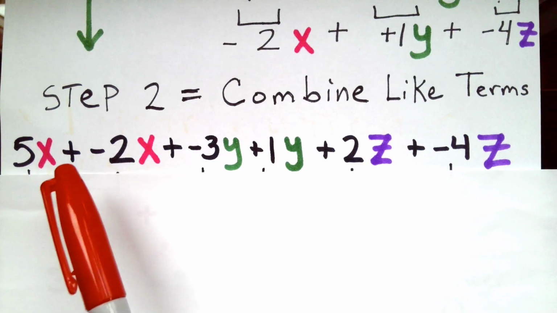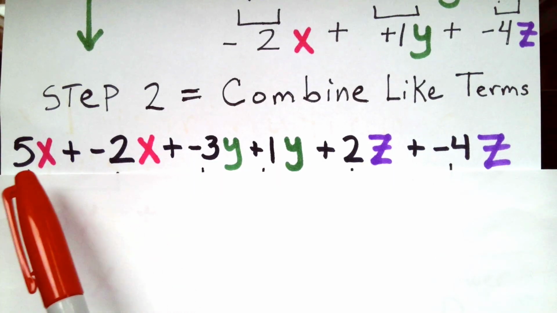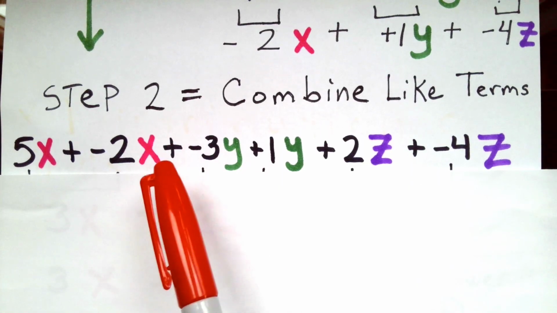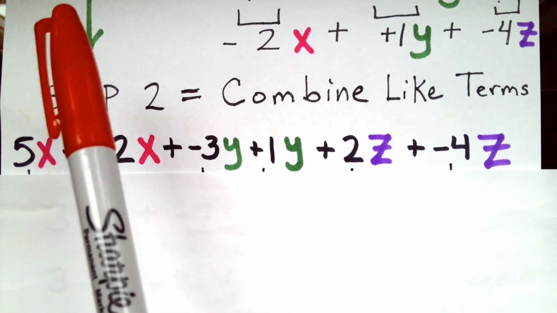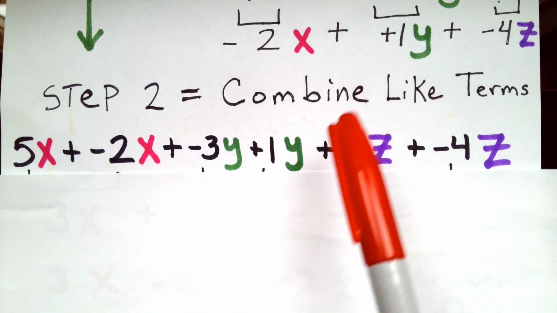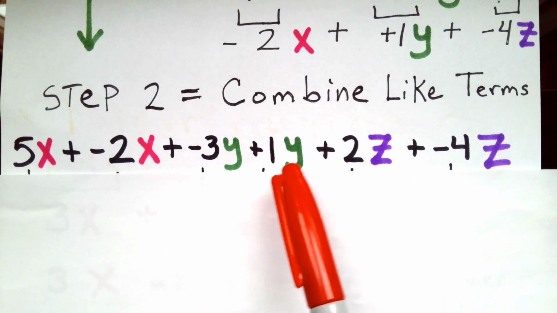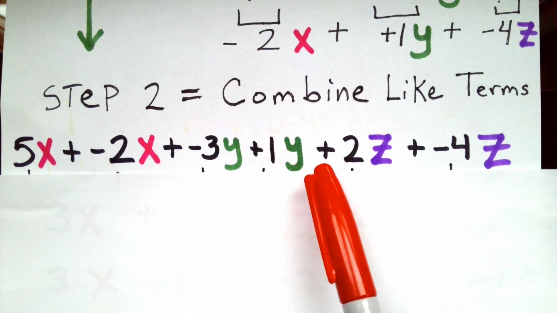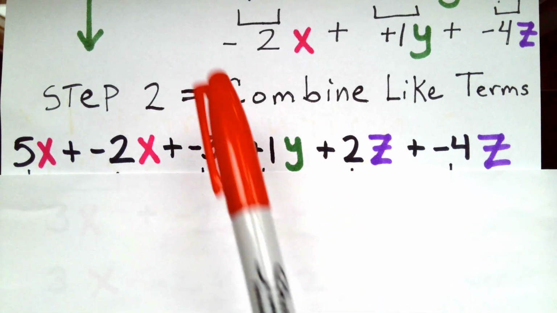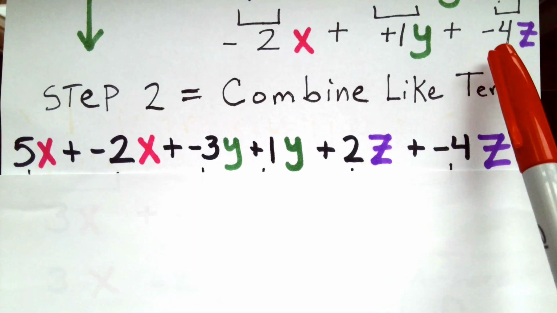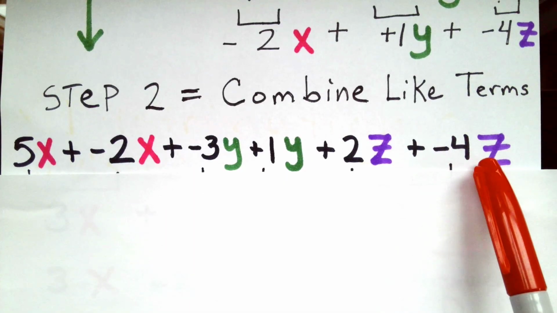It just makes things easy to understand. So 5x plus a negative 2x, plus negative 3y from above, plus the 1y here with the parentheses on the right. So negative 3y plus 1y. Plus, again, I add that plus sign, the 2z from the parentheses above, plus the negative 4z you see up here on the right side.